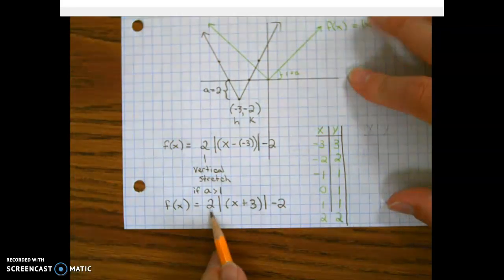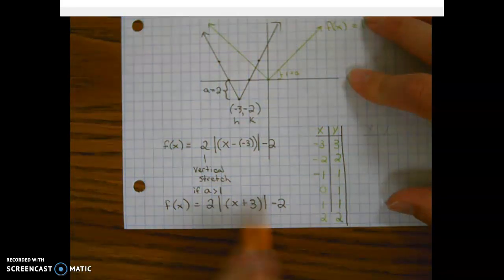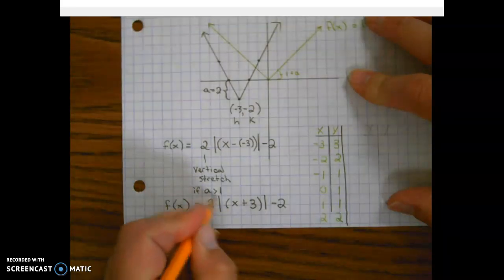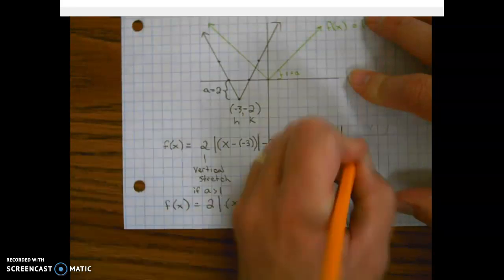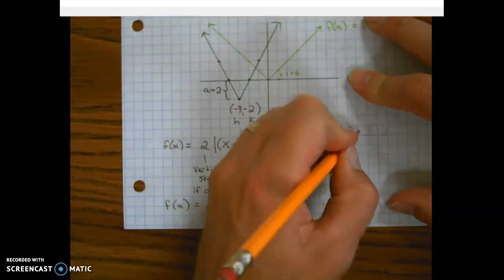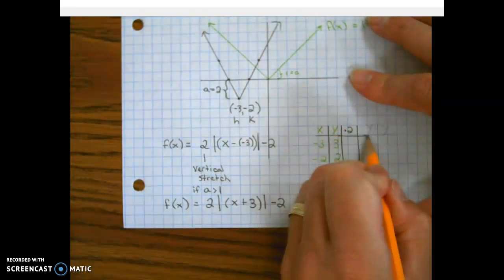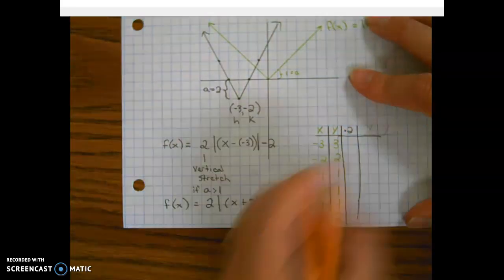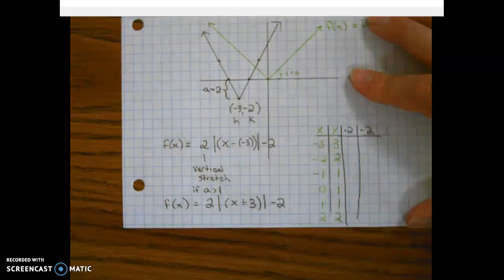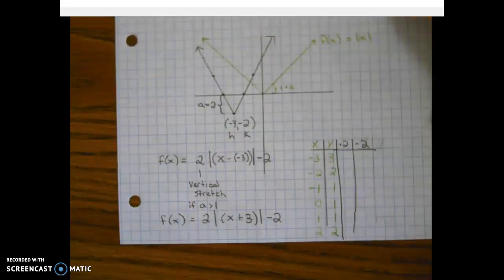So like before, I said the outside of the absolute value bars is going to affect y. So order of operations tells us to do multiplying first. Then subtract 2. This is going to give us our new y coordinate.